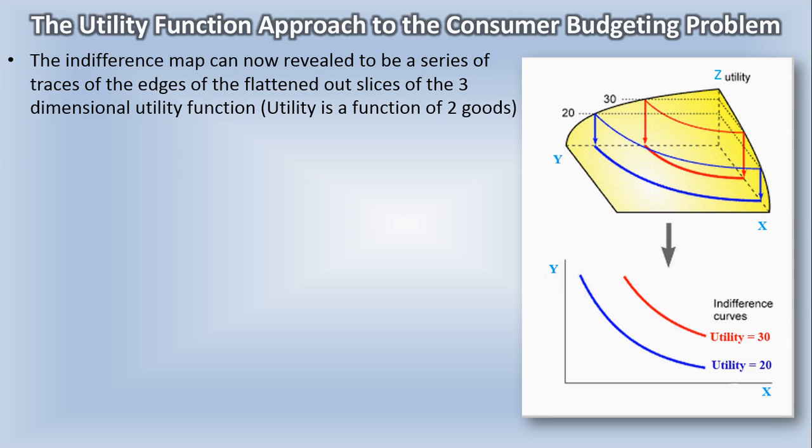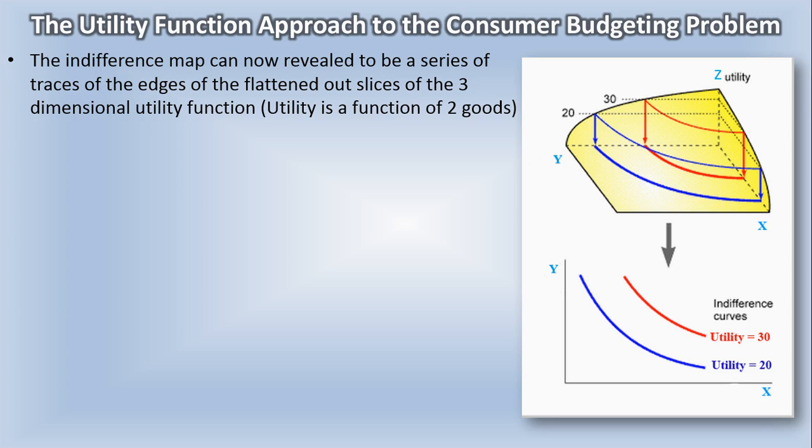If you were to go higher up that dome, slice it again, you would get this trace of the rounded edge, flatten it down, and you would get the next higher indifference curve that we see here, corresponding to a level of utility of 30 utils for all consumption bundles along it. And so that's what indifference curves really are.